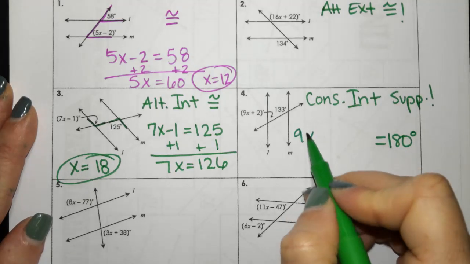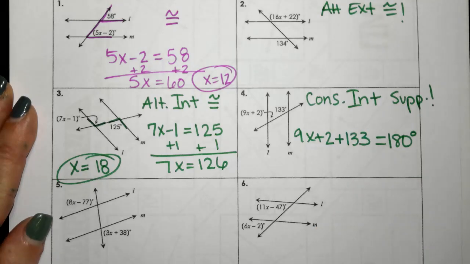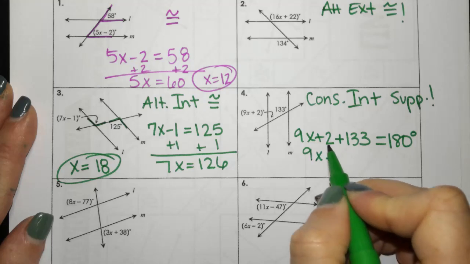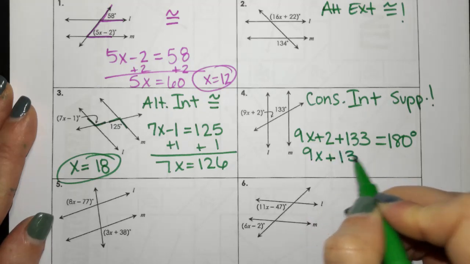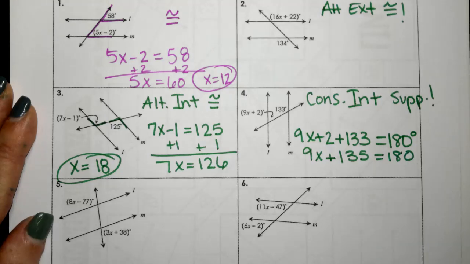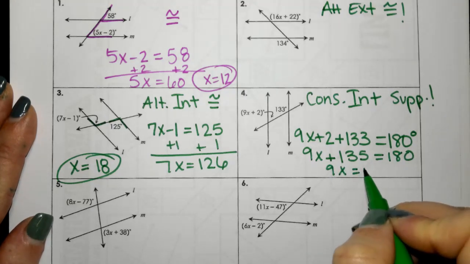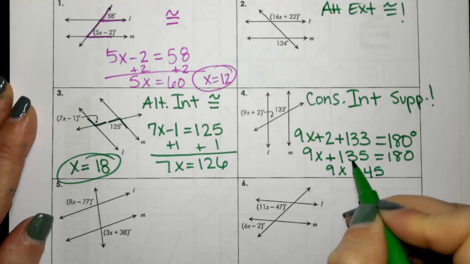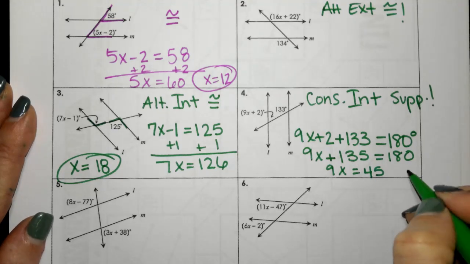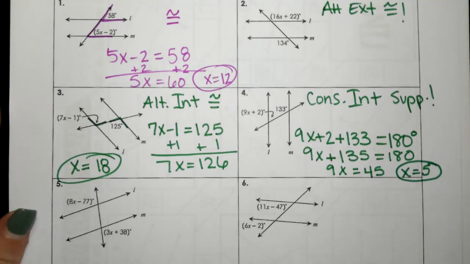So 9x plus 2 plus 133 equals 180. 9x plus, I'm just putting my like terms together here, 135 equals 180. 9x would then equal 45, because we would subtract 135 from both sides. And x would equal 5.